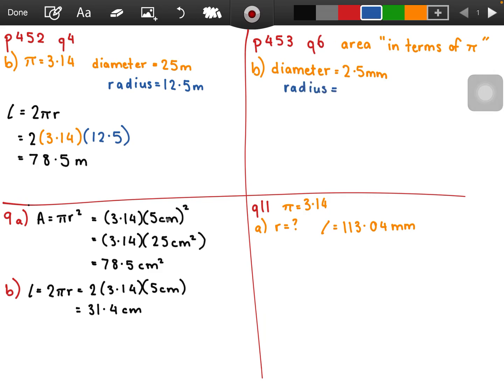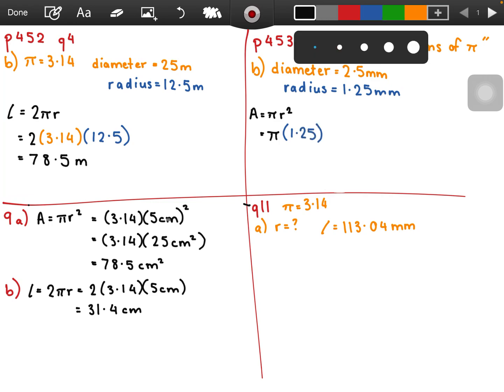Part B says the diameter is 2.5 millimeters. So straight away we need to say, okay, that's not my radius that I'm using. My radius has to be half of that. So if my diameter is 2.5 millimeters, my radius is 1.25 millimeters. Then I go and find my area, which is pi r squared.